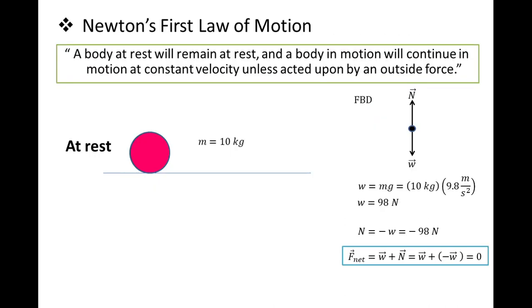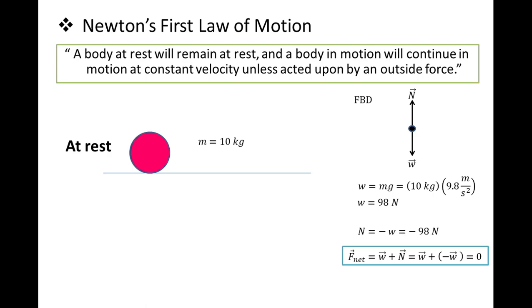First, we have Newton's first law, which addresses two situations: first, objects at rest, and second, objects in motion with constant velocity. It states that an object at rest will remain at rest unless acted on by a force, particularly an unbalanced force. Suppose there is a box on the surface.